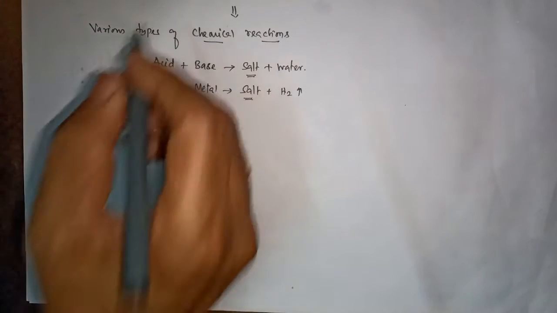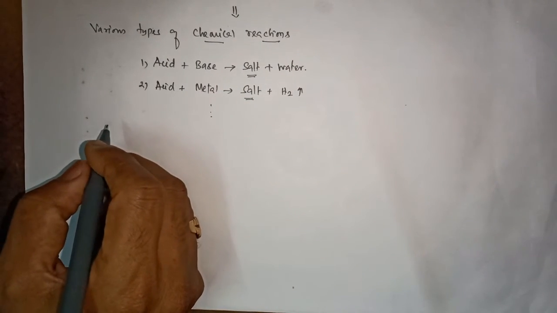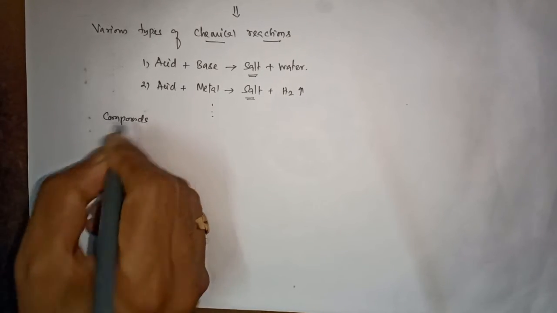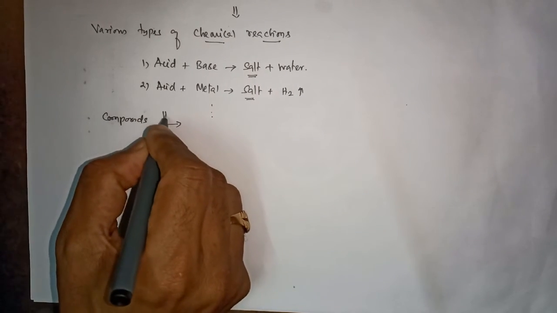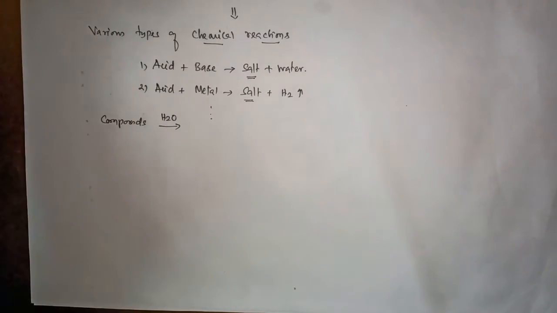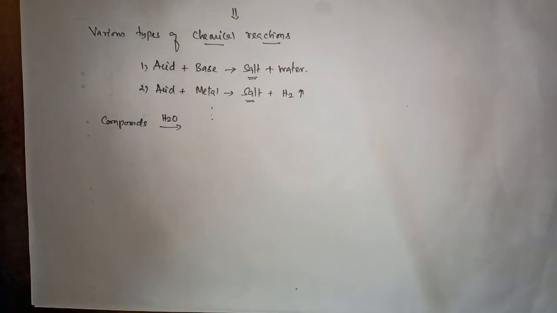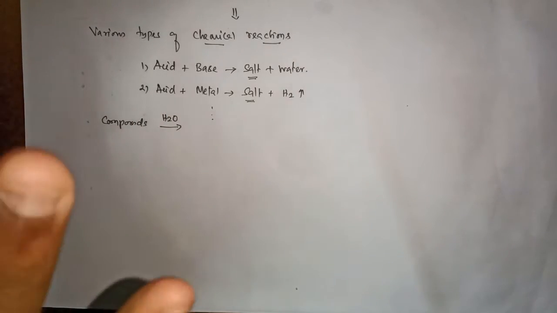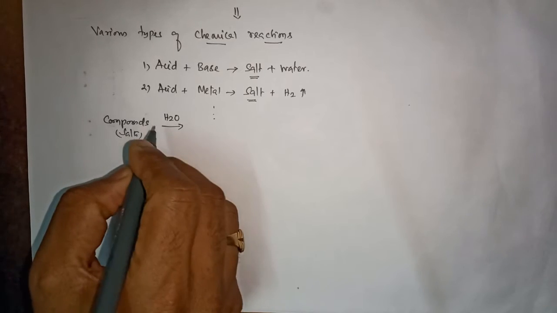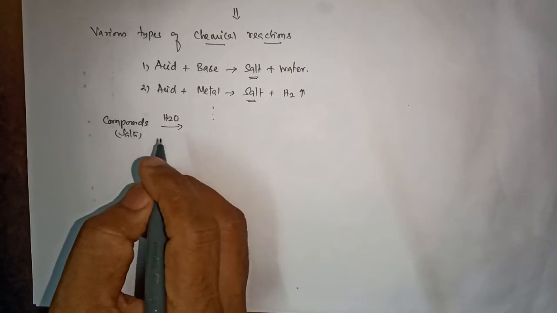What are salts? Salts are chemical substances, or chemical compounds. When you dissolve them in water, it is a general definition for salt. It is a common definition. I am not telling you all the salts are soluble in water.